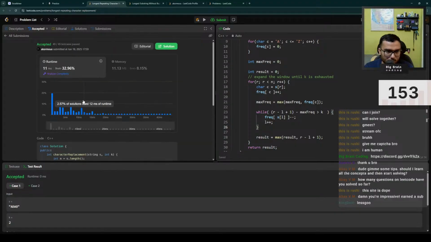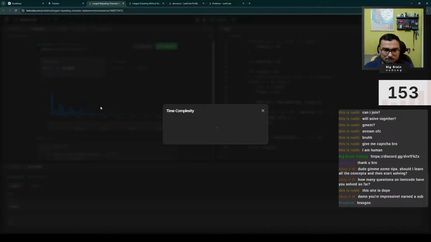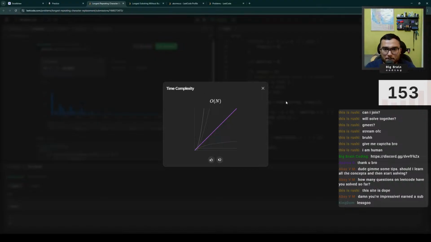Let's see, what's the time complexity? Analyze complexity. I think it's just order of n. It's just 2n to be precise. Yep.